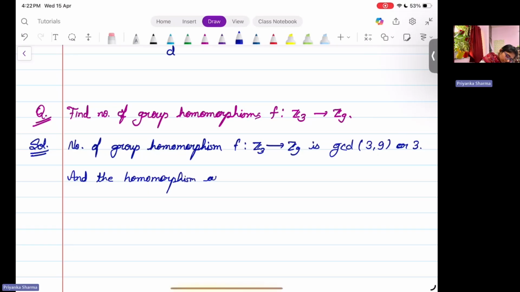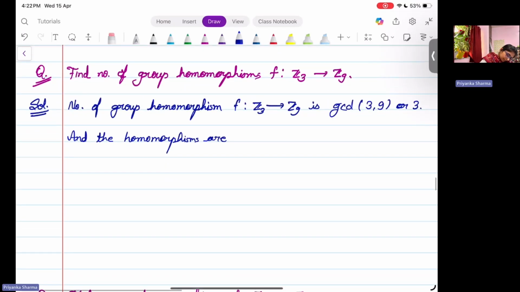The homomorphisms are, so yeah, we will have f of x is ax, and here we have the values of a. So first will be f of x is ax, where a must be m by d into k.